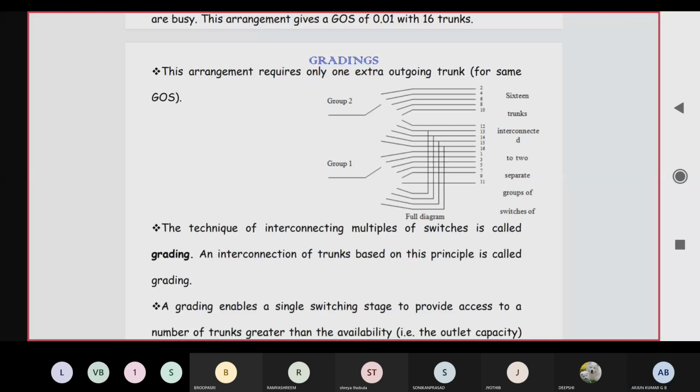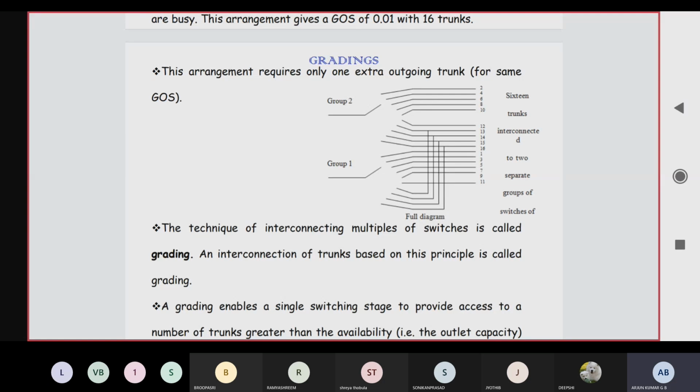And the last 4 outlets, 13, 15, 17 and 19, are another 4 lines that will be common for group 1 and group 2.